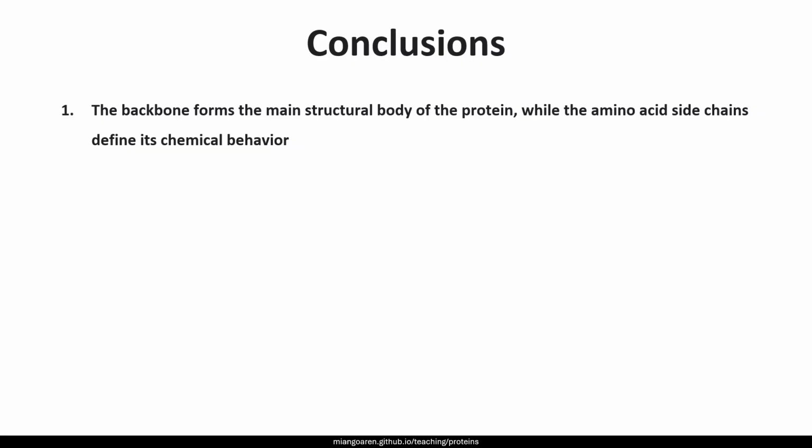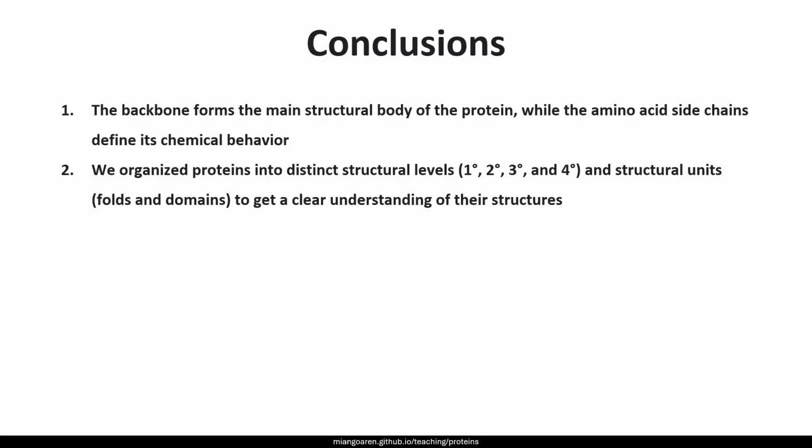So with this, we reach the conclusions of this particular class, which serve in part as a recapitulation of this entire exercise. As a first conclusion, the backbone of a protein represents its central body, its most relevant structural part, while the amino acids, specifically their side chains, define its chemical behavior.